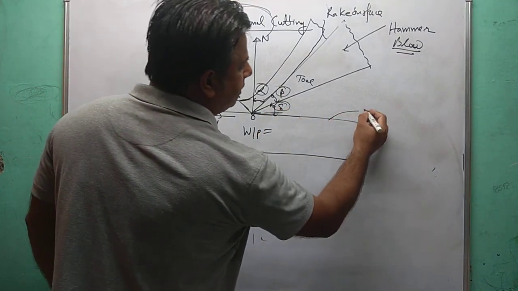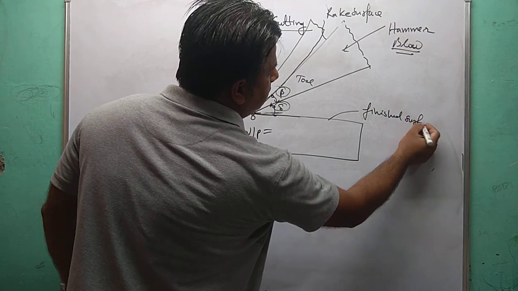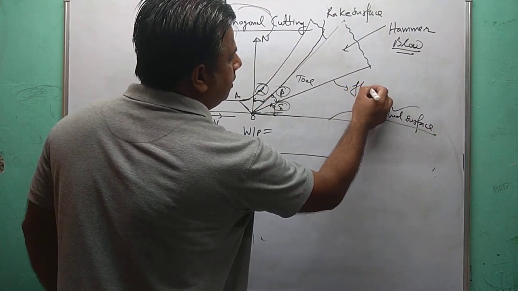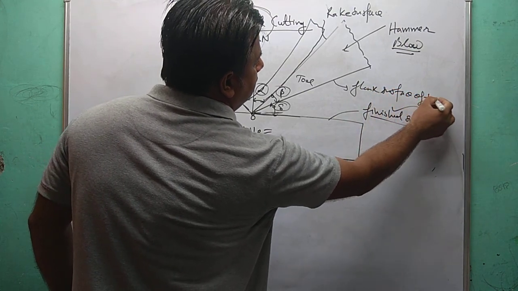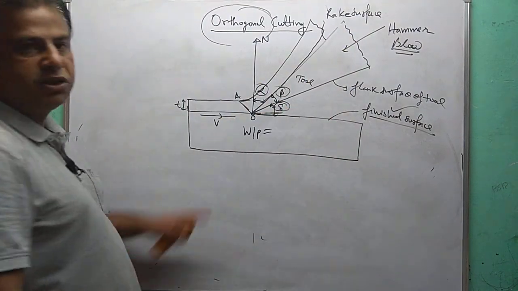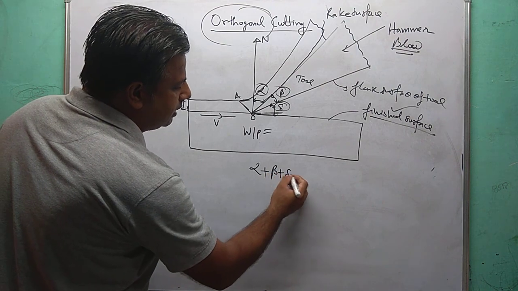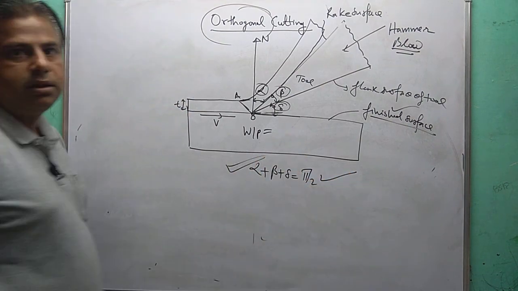This is the finished surface obtained, this is the flank surface of the tool, and this is the rake surface. From the geometry we get one relationship: alpha plus beta plus delta is equal to pi by 2. This is a very important relationship.